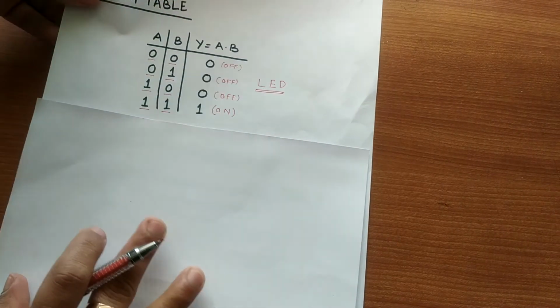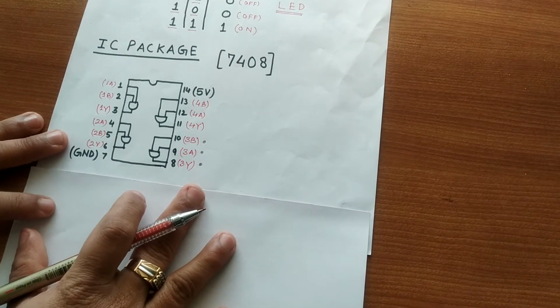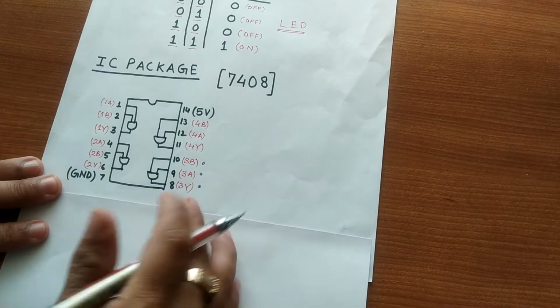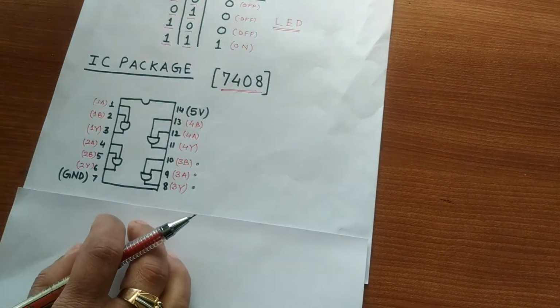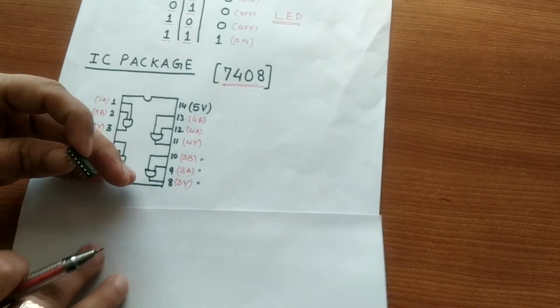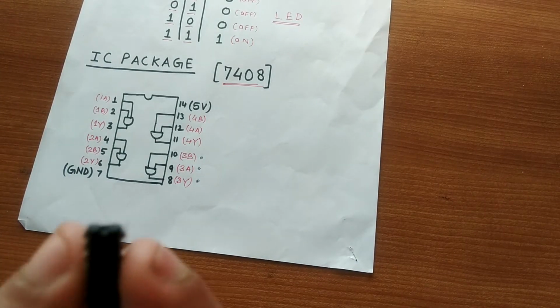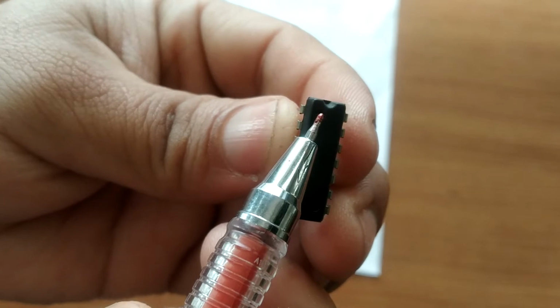Now we will see the symbolic representation of this IC. The IC of an AND gate is 7408. If I pick up the IC, we have 14 pins in this IC, and you can see that we have a notch here.